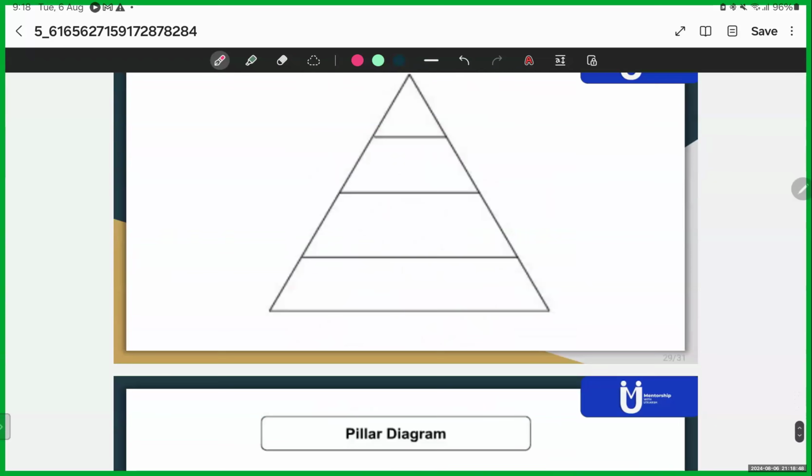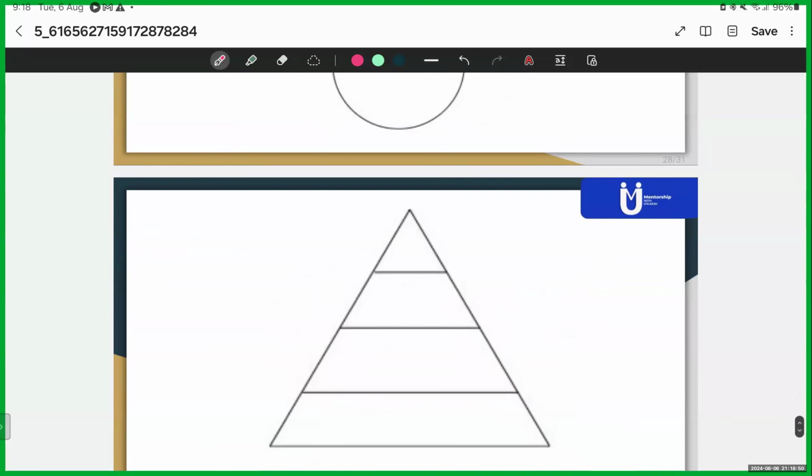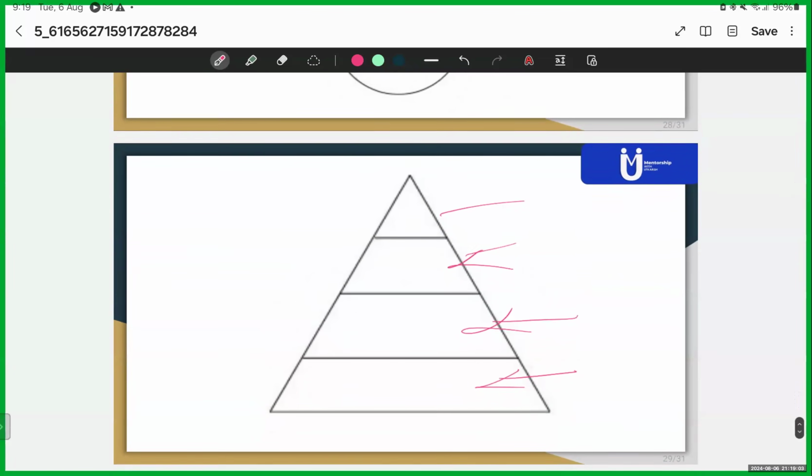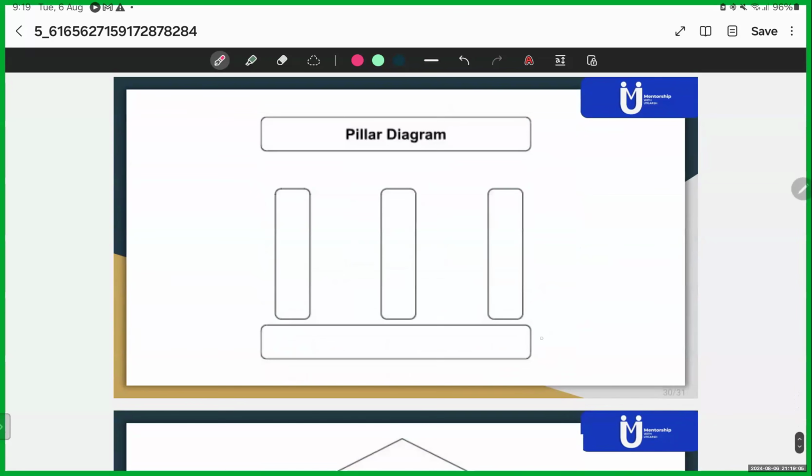Venn diagram. Okay. Then comes this. According to the base, inverted triangle and right triangle. What you call it, you give it a name. Pillar diagram explained to you.